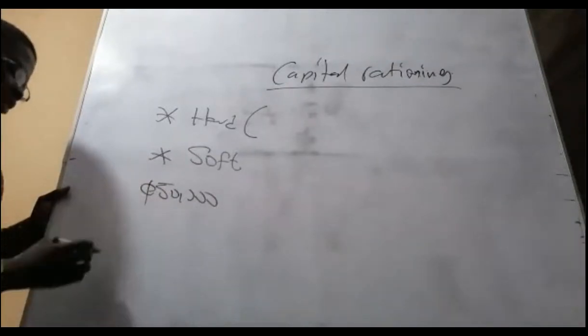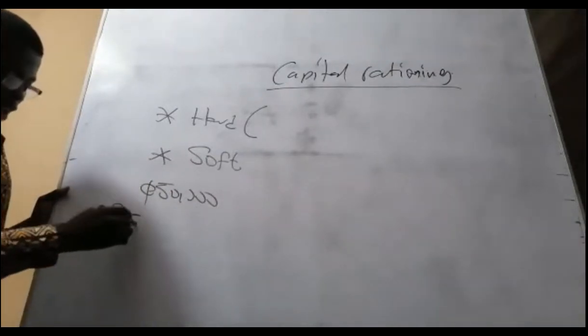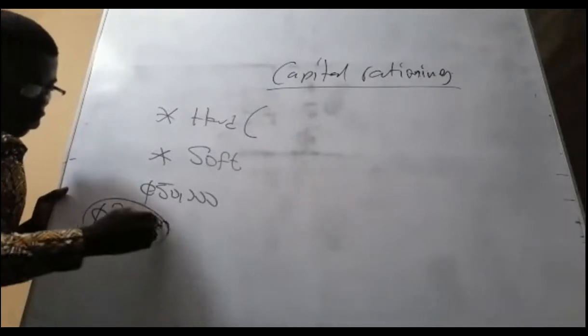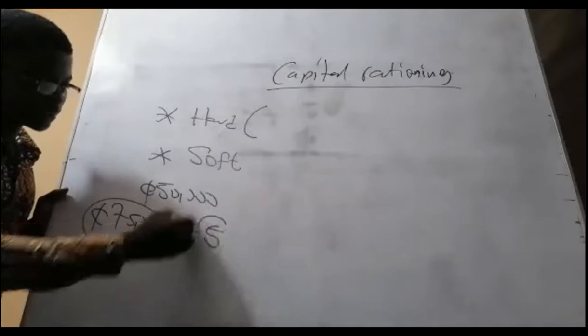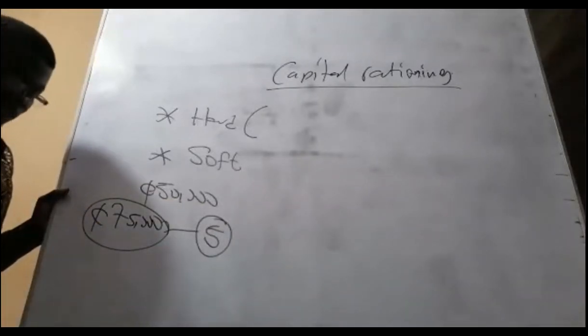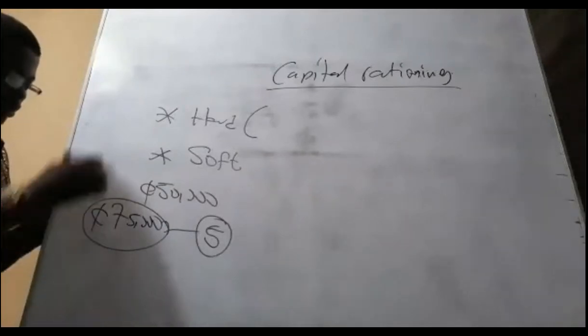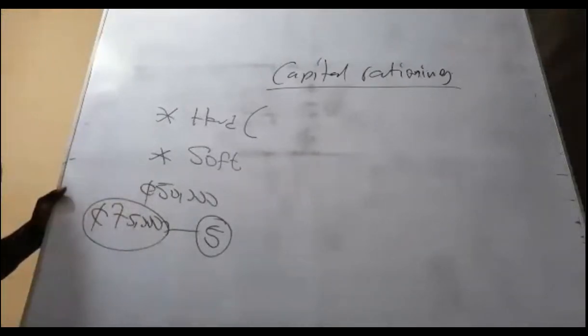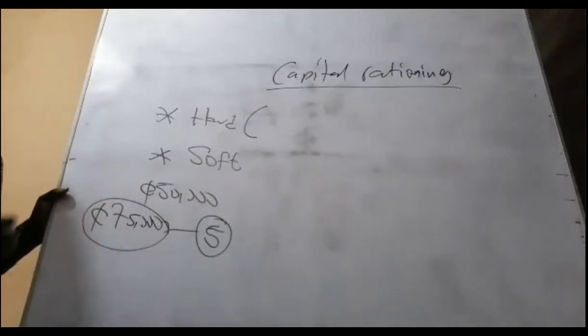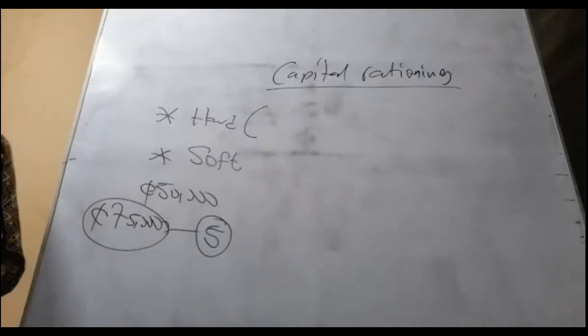Meanwhile, you need 75,000 cedis to finance all your 5 projects. All of them are positive. So this will place a challenge on you. This is as a result of items that go beyond the control of the entity. That's hard capital rationing.